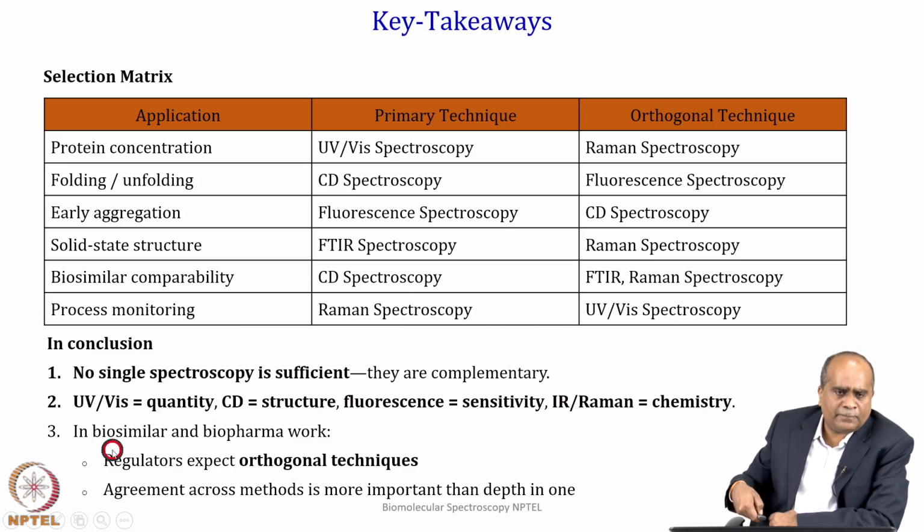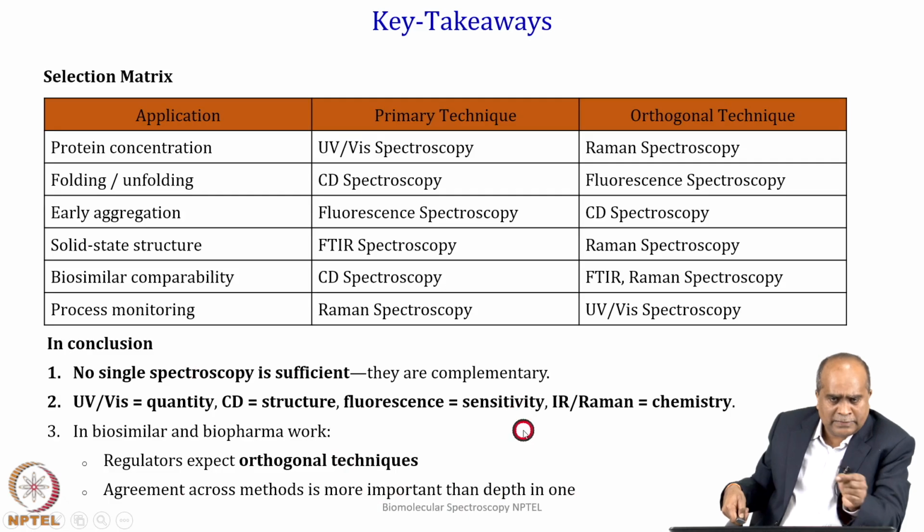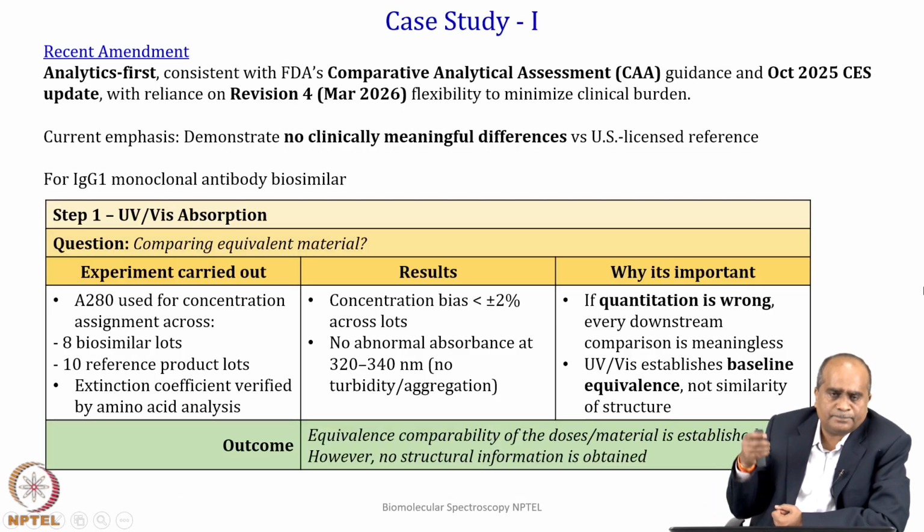For biosimilar or biopharma work, regulators expect all these orthogonal techniques to be invoked to answer different questions. So, agreement among the methods is more important than going in depth with one technique. Getting the same information using another technique is extremely important, right.